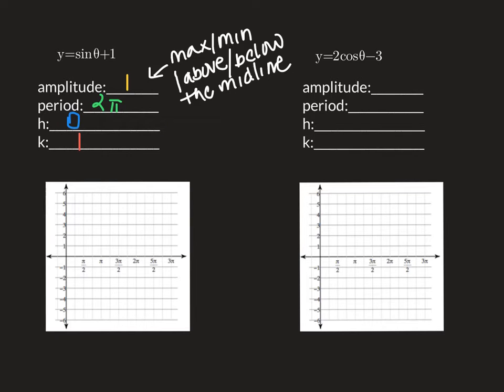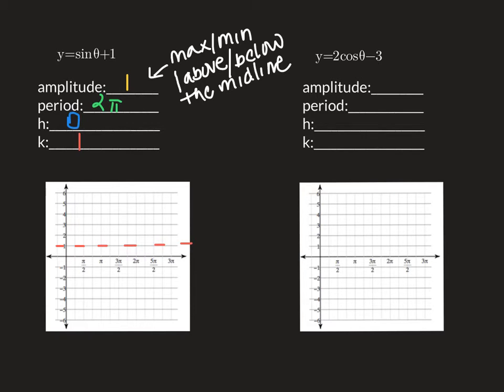And since my k value is 1, it means that my graph is going up. It's going to start at the midline at 1. So the entire midline has shifted, okay? Now, my period is 0 to 2 pi, and remember when we deal with the period being 0 to 2 pi, we need the 5 numbers.